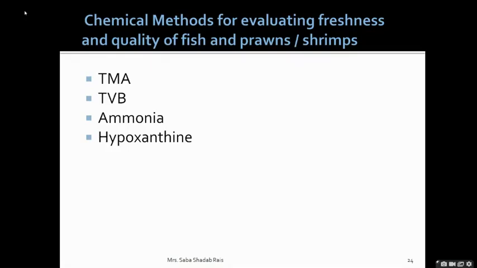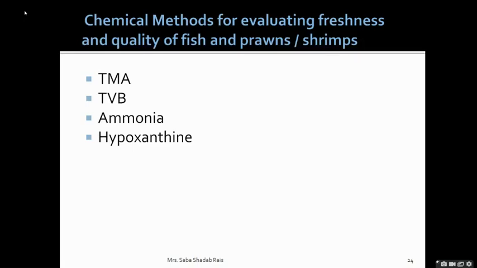I repeat: in normal fish the TMA, or trimethylamine, value is low because it is present in the form of trimethylamine oxide, which is broken down by bacteria. Why? Because as the fish goes stale, the number of bacteria increases, and definitely they will carry out more and more chemical reactions.